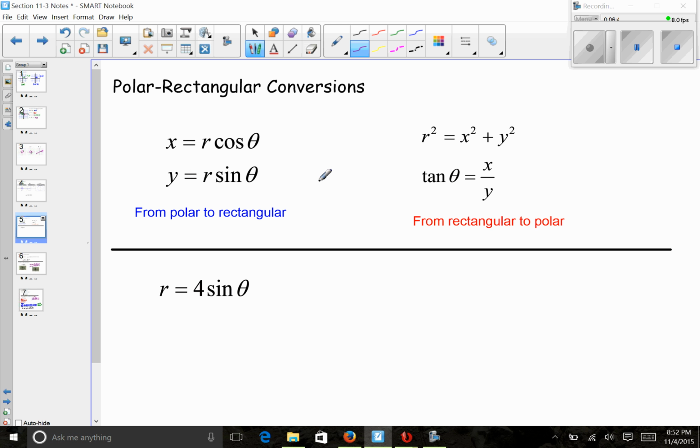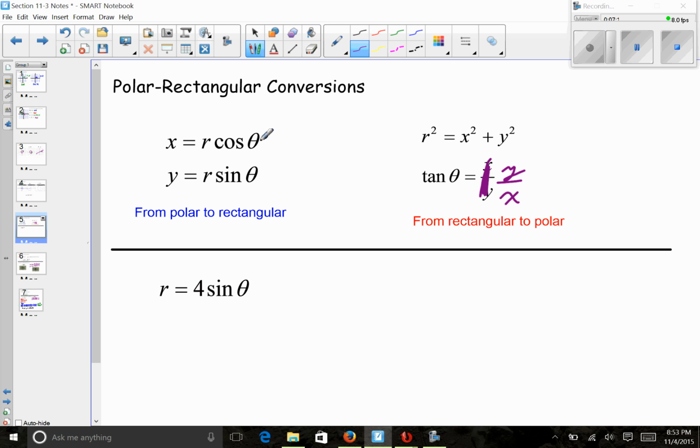But then because we can make right triangles, x squared plus y squared must equal r squared. And the tangent of theta would be x divided by y, which actually I have that backwards. That's y divided by x. Whoops. Because r sine theta over r cosine theta, the r's would cancel, leaving sine over cosine, which is tangent.